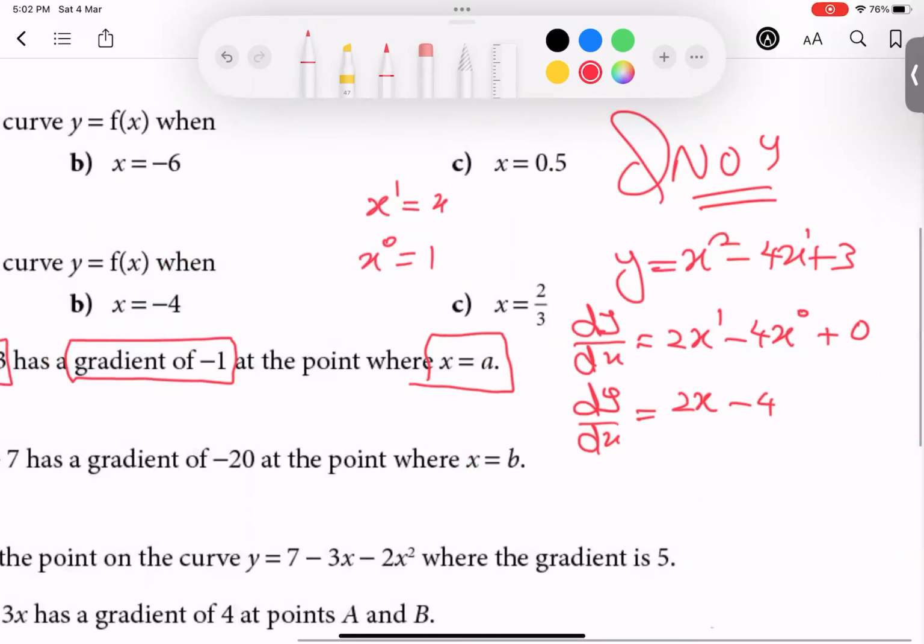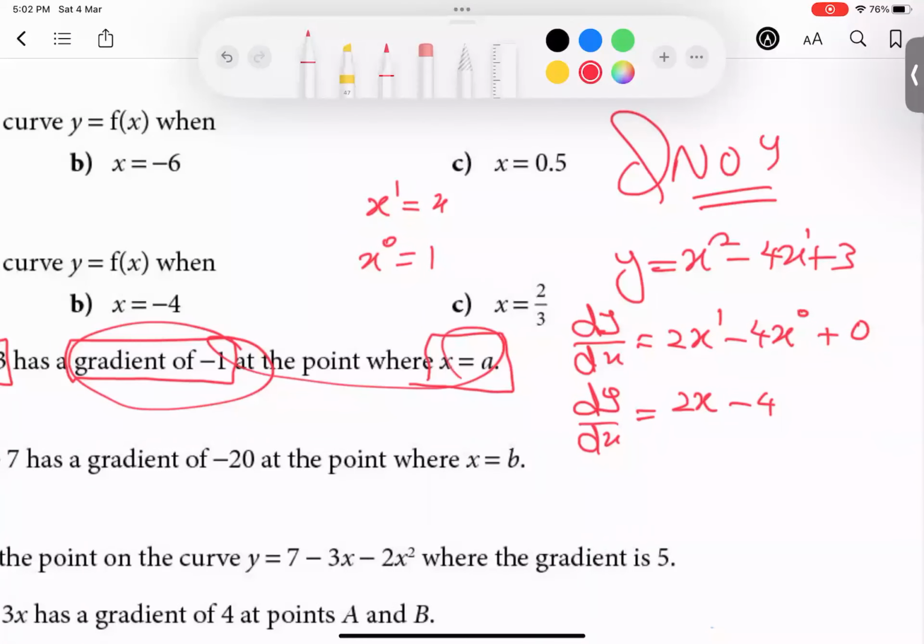And he's saying that the gradient is minus 1 when x is a. I repeat my words: gradient is equal to minus 1, x is a. And for your knowledge, gradient is also equal to dy over dx. I discussed this already with you. So it means I'm going to replace it.